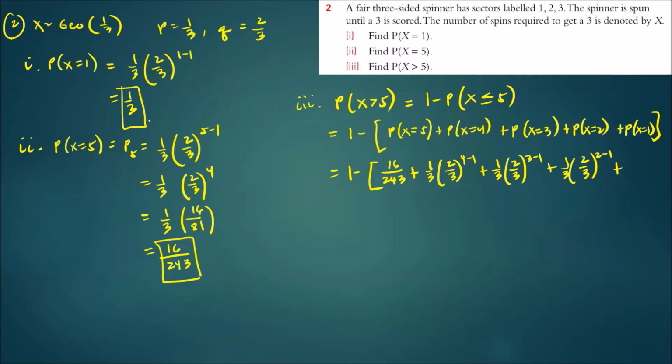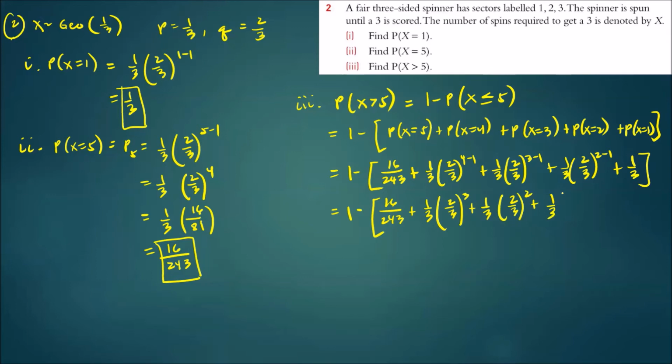And x equal to 1 we already solved in I, so that's 1/3. So this is 1 minus [16/243 plus 1/3 multiplied by (2/3) cubed plus 1/3 multiplied by (2/3) squared plus 1/3 multiplied by 2/3 plus 1/3].